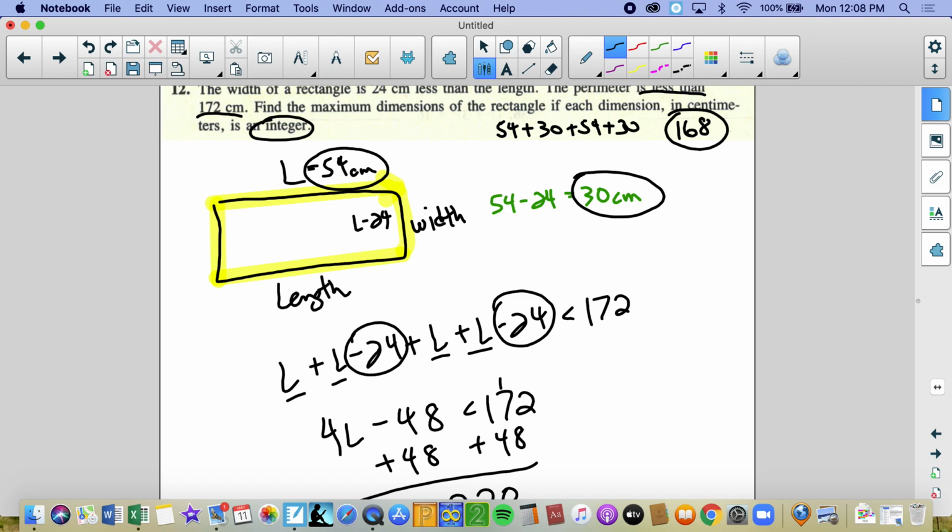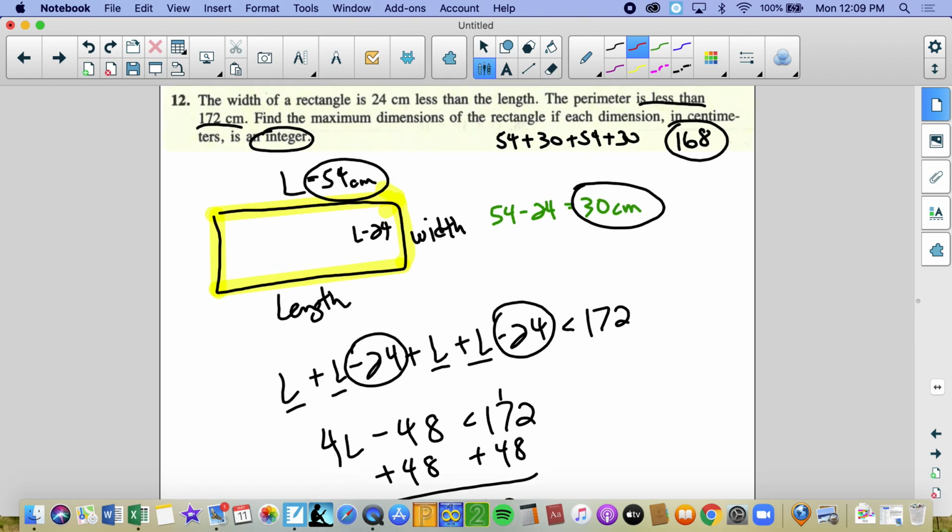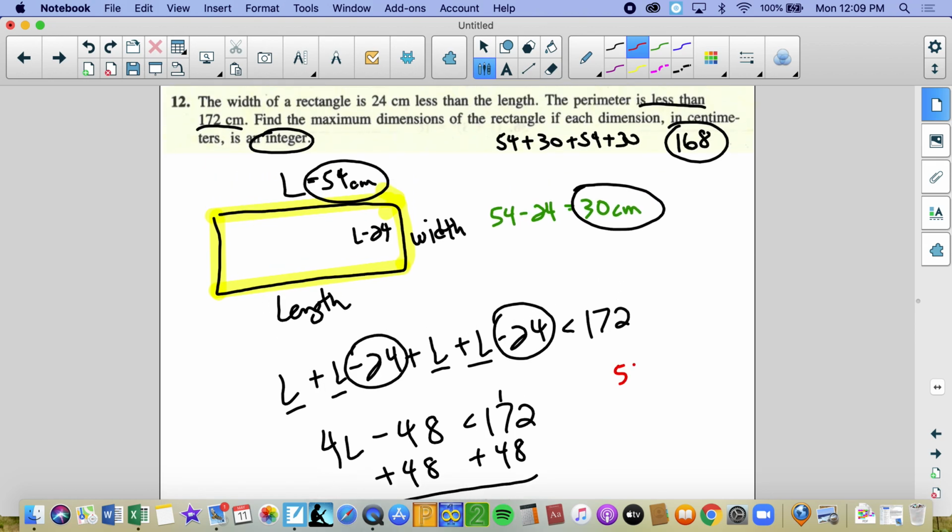What if I used 55? Because it said the length has to be less than 55, what if I used 55 as my length? If 55 equaled my length, what would my width have to be? Remember, it has to be 24 centimeters less. So 55 minus 24 would give me 31 as a width.